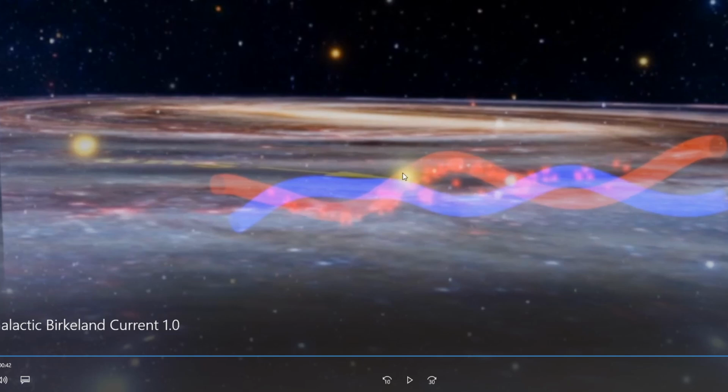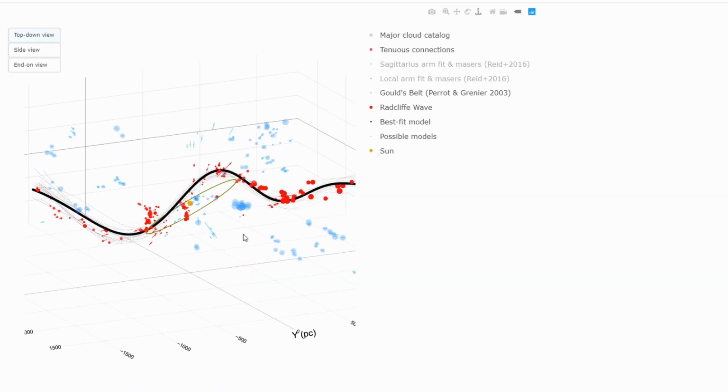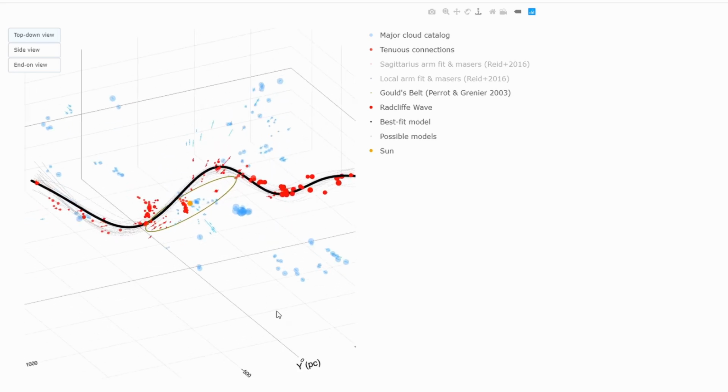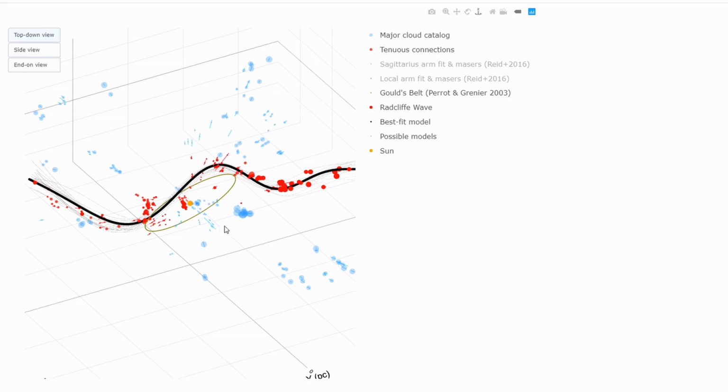So that's why you see the Gould belt in there, in this one, sort of lines up. So the other filament that we would be on would be coming down and through here, so crossing over.